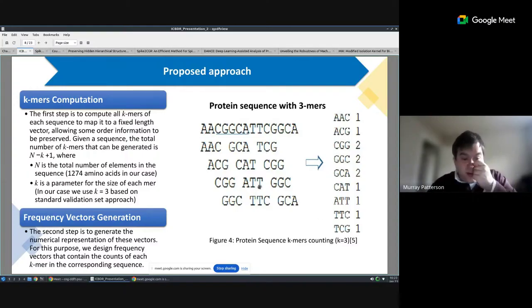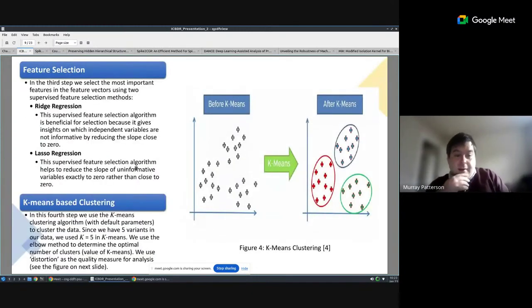We chose 3 because we tried different values of k and found that 3 was the best for this data set. And then we just applied k-means on the frequency vectors.